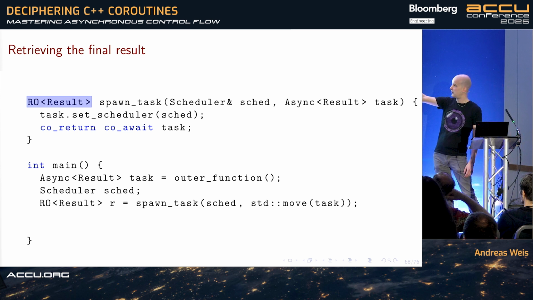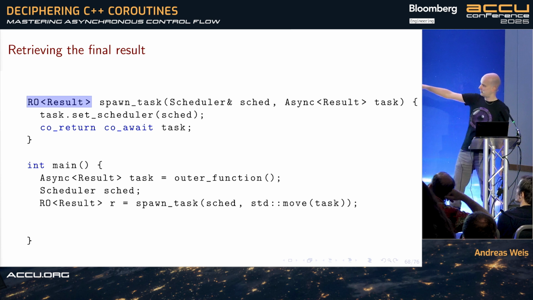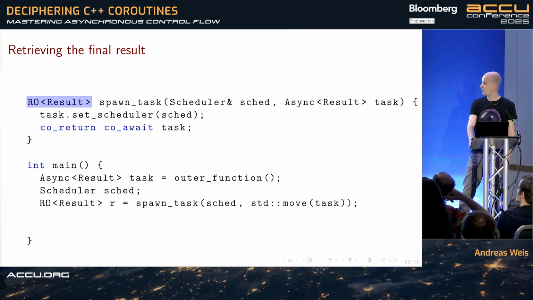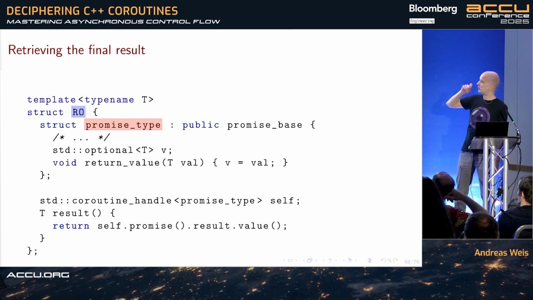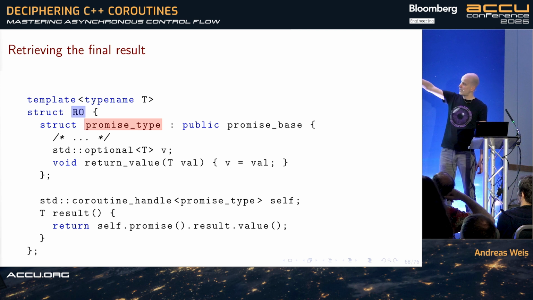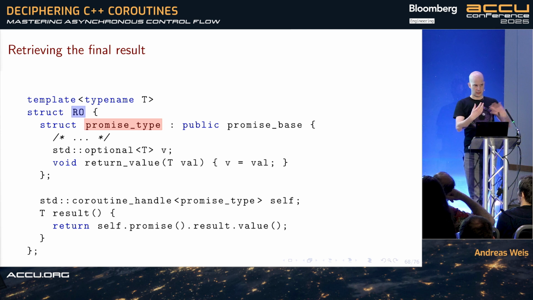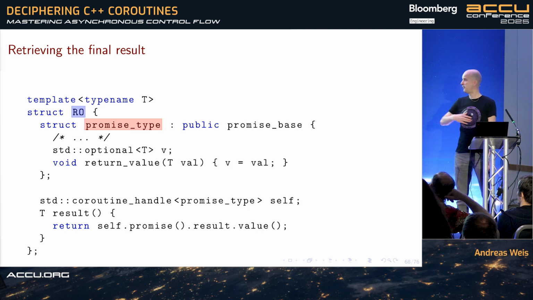The return object is now templated on the result value. Down here, you just need a member function that allows you to get to that. So in the promise for that templated return object, we added a field v, which stores the data, and the return value function just moves the data into that field.